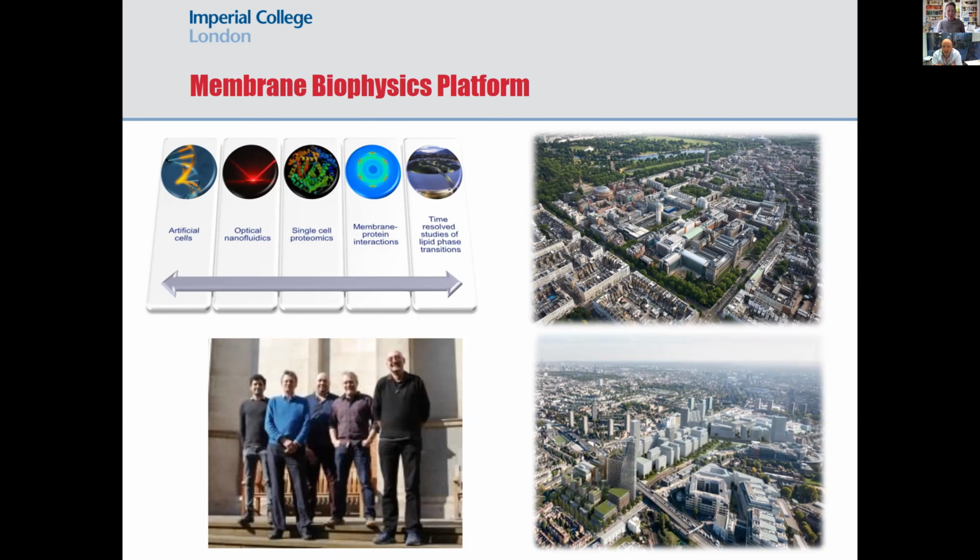The group together looks at 5 areas: synthetic cells, optical nanofluidics, microfluidic technologies for studying the protein content in single cells. We do a lot of work around membrane protein interactions, which will feed into today's discussion, and we also look at how lipid assemblies function. But today's talk will bring together work on synthetic cells and membrane protein interactions.